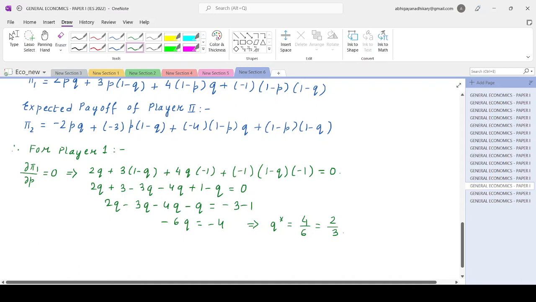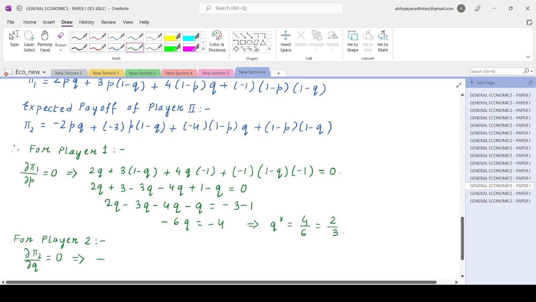So this is the optimal probability with which agent 2 will operate. Now del pi 2 del q for agent 2, set it equal to 0. So what will happen?